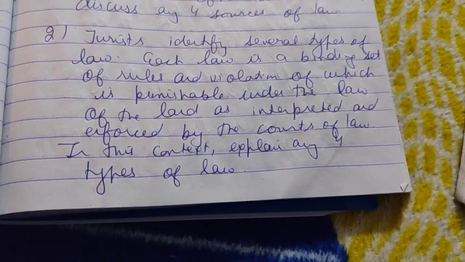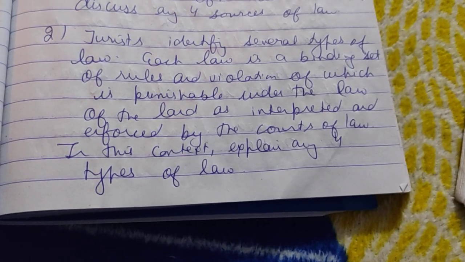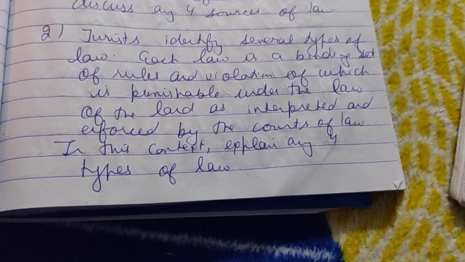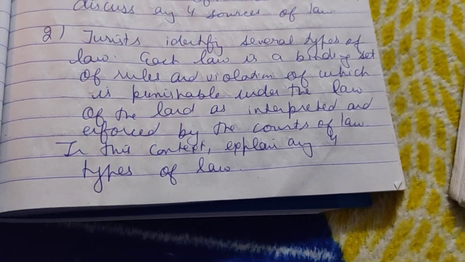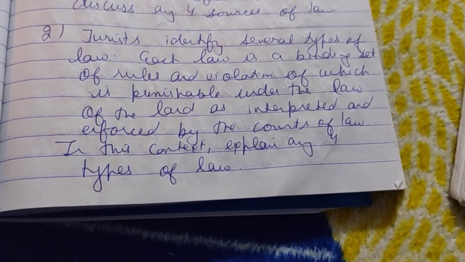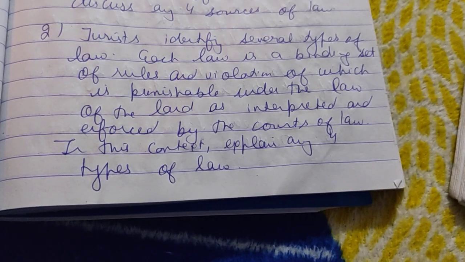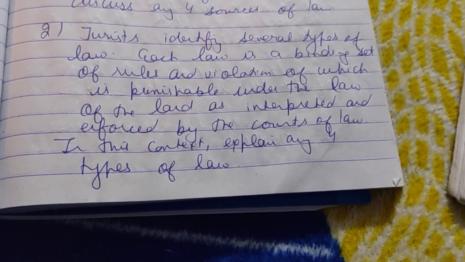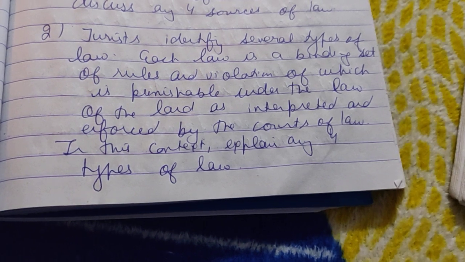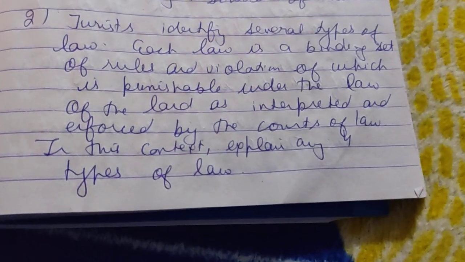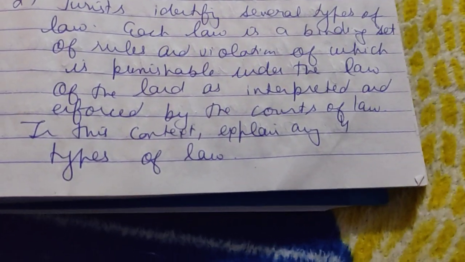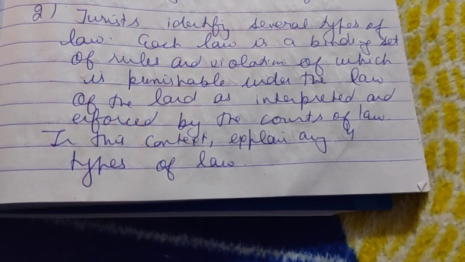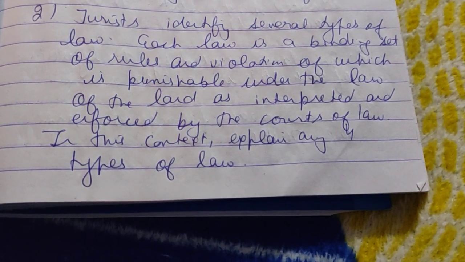So a statement is given in which we are told that jurists identify several types of law, and each law identified by them is binding on all the people, and if anyone tries to violate this law, it is a punishable offense, and the courts of the land punish it.